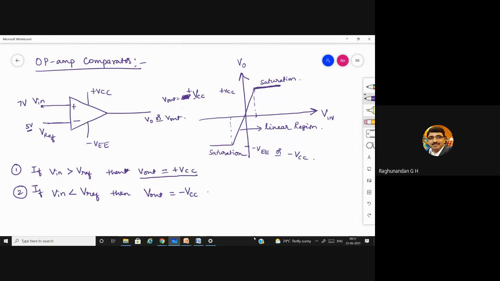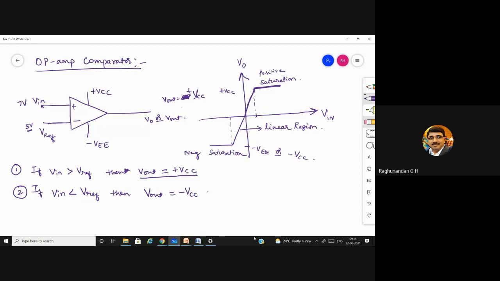Suppose the input is very low. During that time, it will start going towards the negative saturation. So this is negative saturation, this is positive saturation.